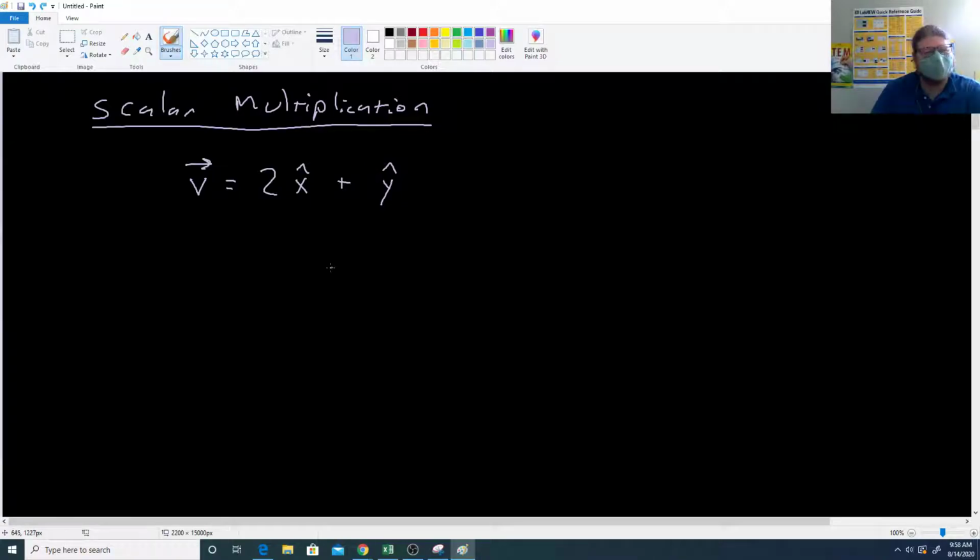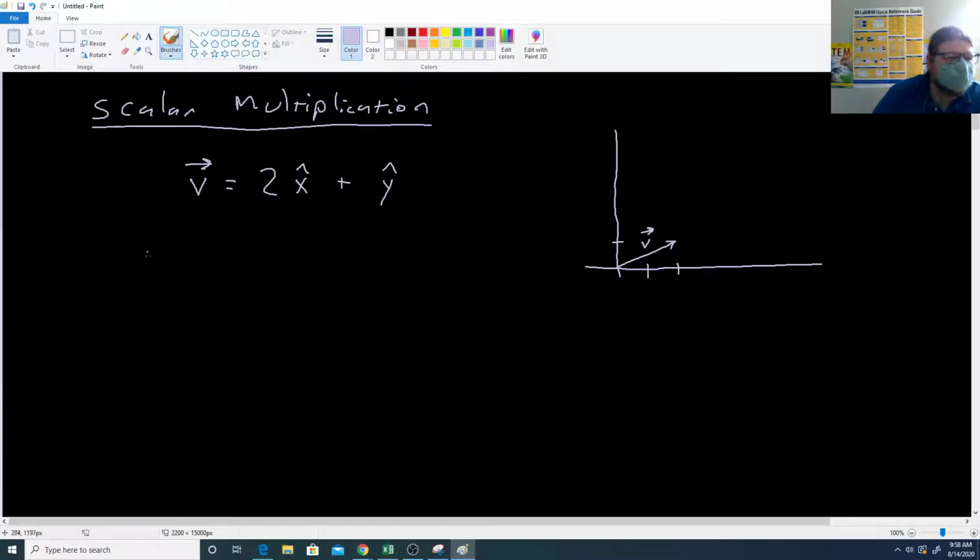Multiplication by 1 doesn't do anything, so a lot of times we'll just leave it like that. If we wanted to draw that vector v, it would be 2 x values, 1 y value, and it would generate an arrow like this. So this right here is our vector v.